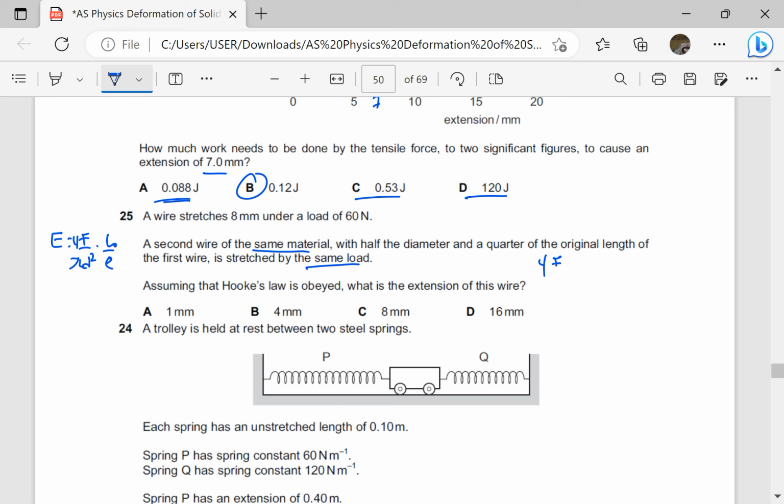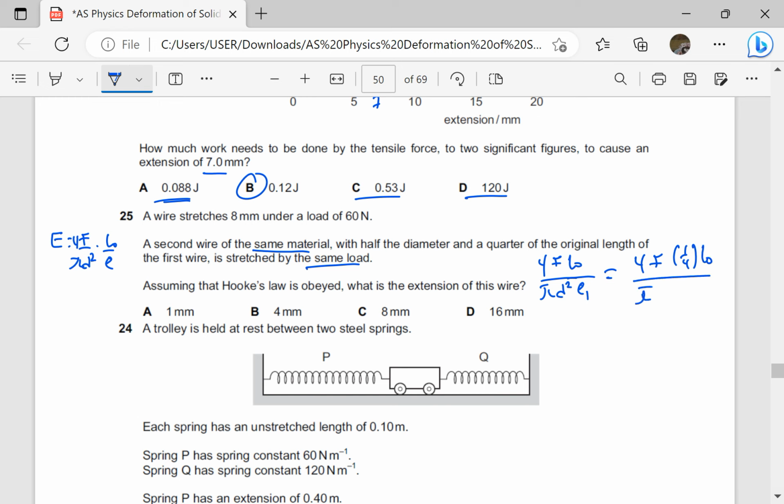Let the original length of the first wire be L naught, divided by pi with the diameter d squared. The extension of this wire, let it be E1 for the first wire. This should be equal to the second wire, the same load. The length is a quarter, so this is going to be 1 over 4 of L naught, divided by pi.